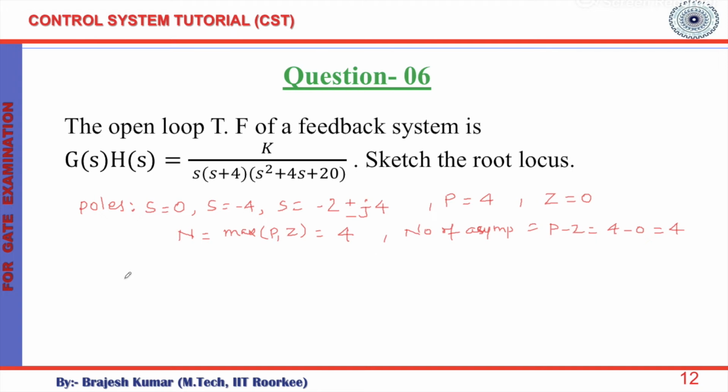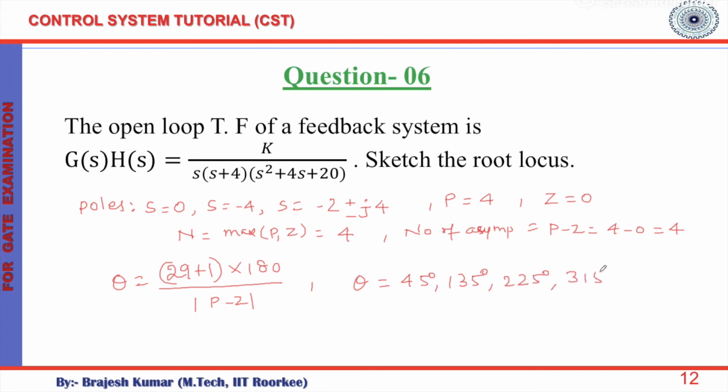The angle of asymptote is given by theta equal to (2q plus 1), if you recall the formula, multiplied by 180 degrees divided by the modulus of P minus Z. Using this formula, for q equal to 0 to P minus Z minus 1, theta 1 is equal to 45 degrees, theta 2 is equal to 135 degrees, theta 3 is equal to 225 degrees, and theta 4 is equal to 315 degrees.